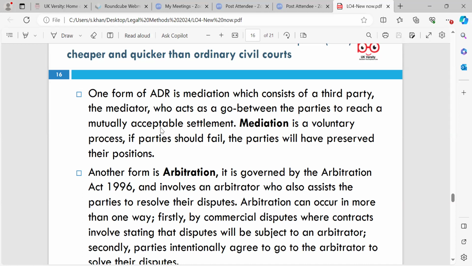the parties to try to reach a mutually acceptable settlement. Mediation is a voluntary process. If the parties fail, they will have preserved their position, and it's confidential as well. It is when an impartial person, a mediator trained in dealing with difficult discussions, works between two opposing sides.